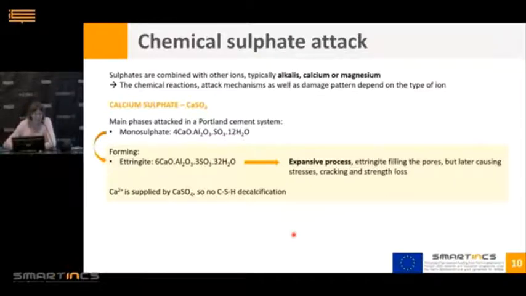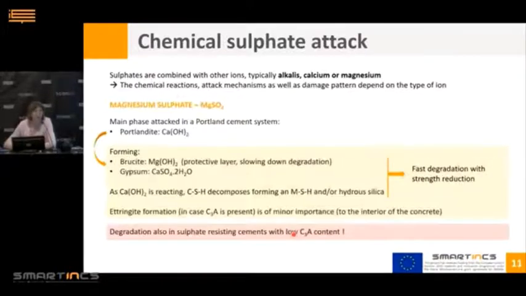So this means that calcium is supplied by the calcium sulfate source itself, and so no CSH decalcification is occurring over here. The same is happening as just before. We have the monosulfate transforming to ettringite, an expansive process, first filling pores, but later on causing stresses, cracking, and strength loss, and in that way degrading your matrix.